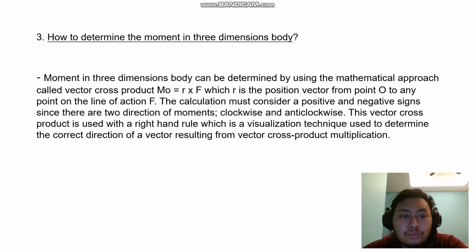This vector cross product is used with the right-hand rule, which is a visualization technique used to determine the correct direction of the resultant vector from the vector cross product multiplication. That's all for me. Thank you.